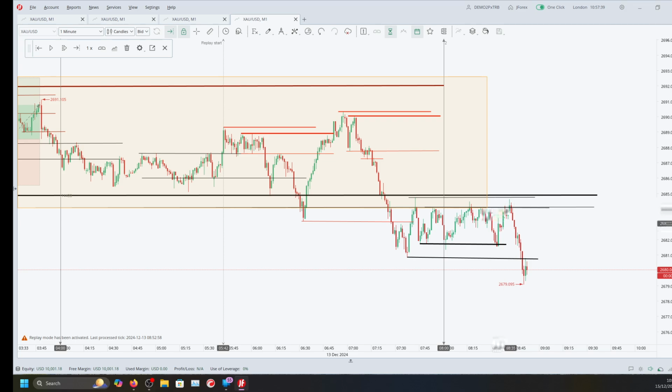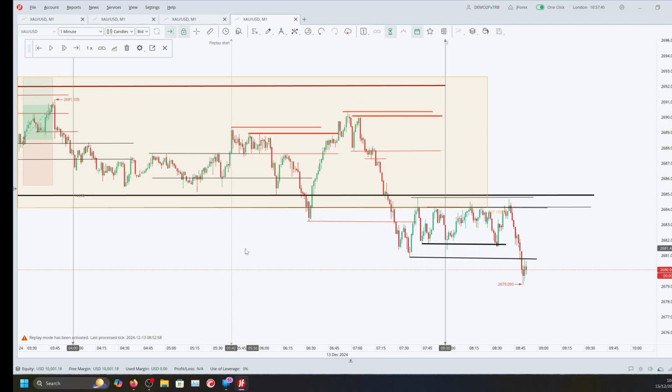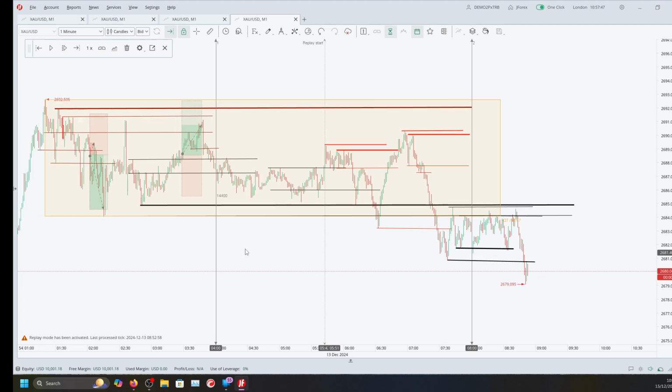I mean the difference is now we're outside of the zone. We've broken through a major structure point on the 1 minute chart. We've returned to that low point and we're rejecting again.